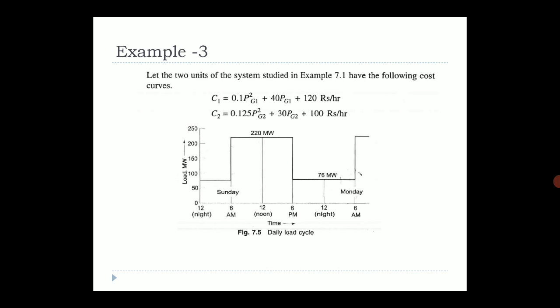Okay, now you have one more example. This is one more example that is very interesting. You have again two generators with two cost functions. Now these two generators are supplying a load, and the load, you can see, is for an entire day, from Sunday to Monday, starting at night 12 o'clock.